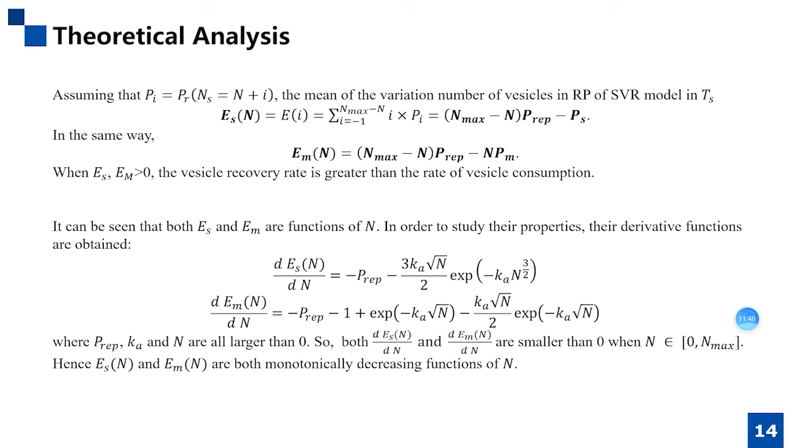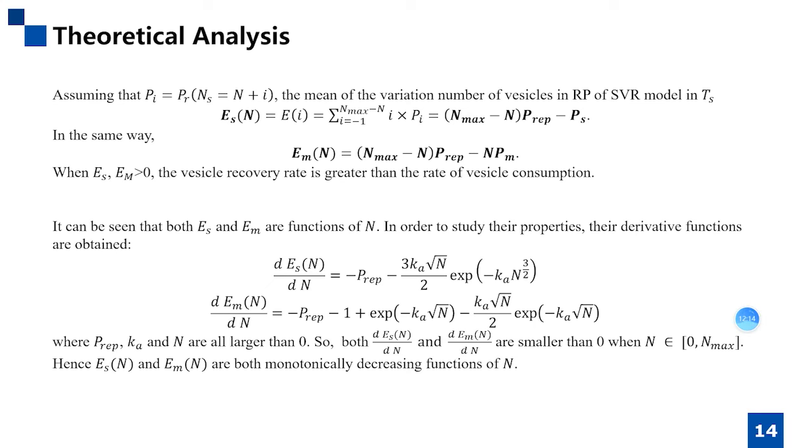It can be seen that both Es and Em are functions of n. In order to study their characteristics, the derivative functions are obtained. From their derivative functions, both of them are smaller than 0.